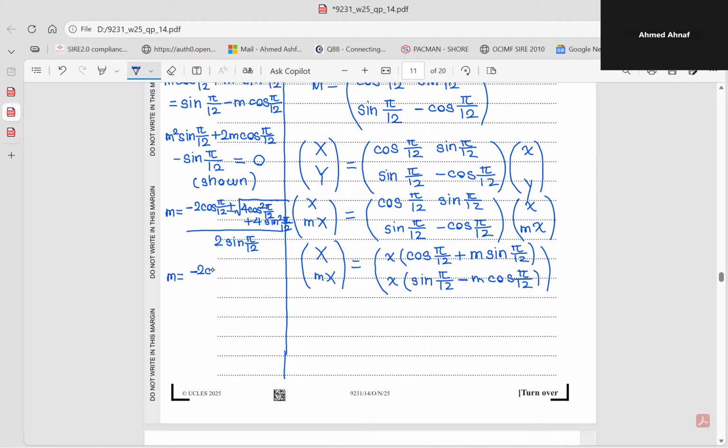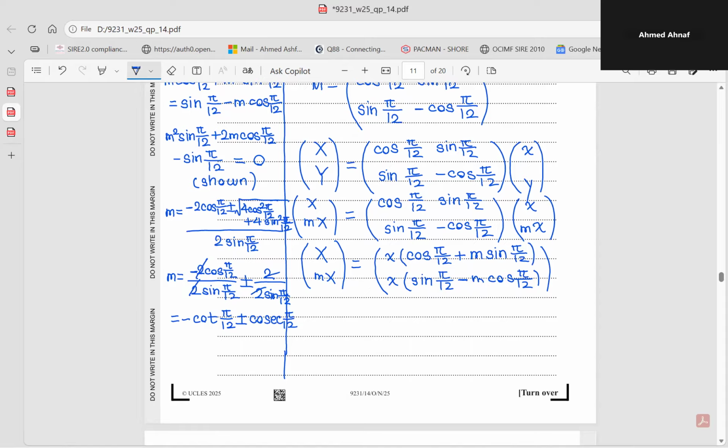You get minus 2 cos pi over 12 over 2 sine pi over 12 plus or minus 2 over 2 sine pi over 12. The 2's cancel, so you get minus cos over sine, which is cotangent, so minus cotangent pi over 12 plus or minus 1 over sine, which is just cosecant pi over 12.